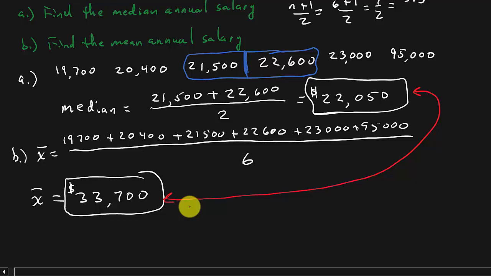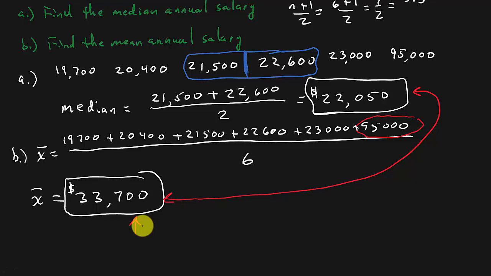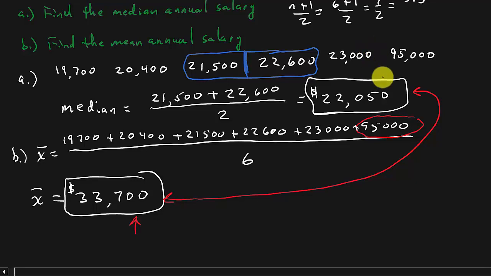Because what's happening here is this 95,000, when you add that in, see, all of these salaries are close together, and then you've got this one that's just way out by itself. And that's what's knocking this average up so much, is that $95,000. So in this case, it would be more realistic to look at the median.